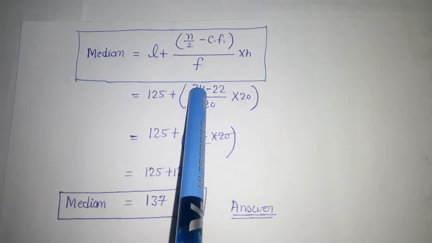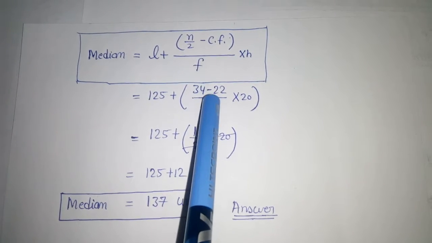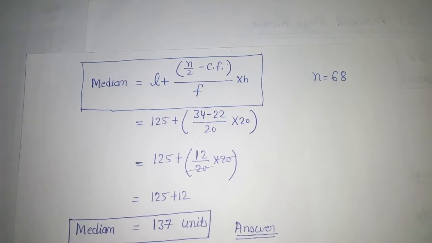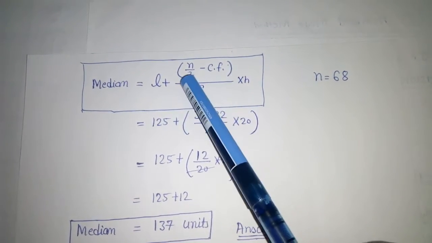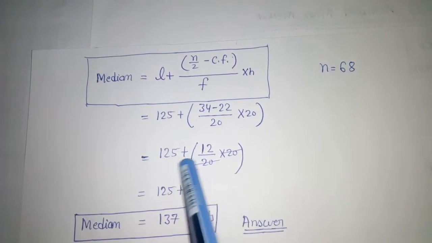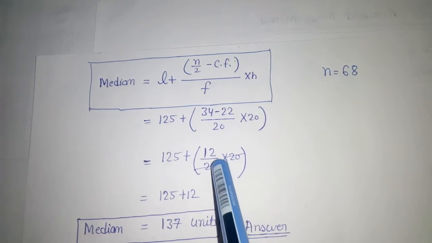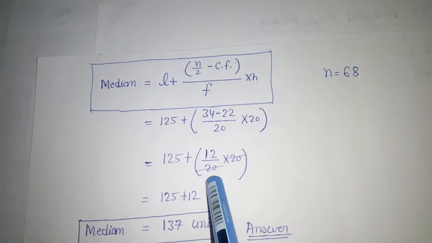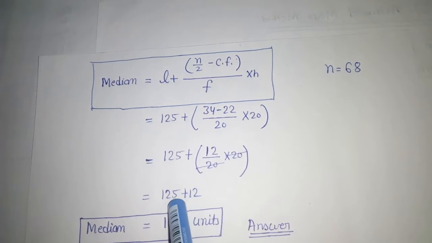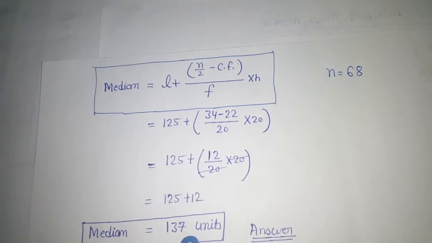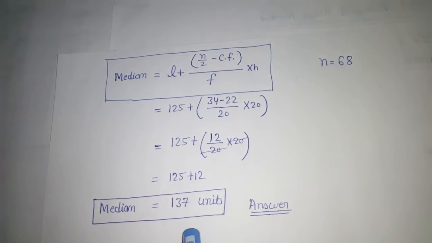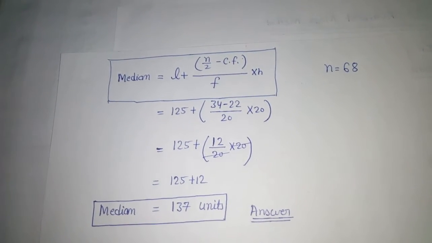When we solve further, 34 minus 22 is 12, upon 20 multiplied by 20, cross cancel, 125 plus 12 is 137 units. So this is the answer to this question.